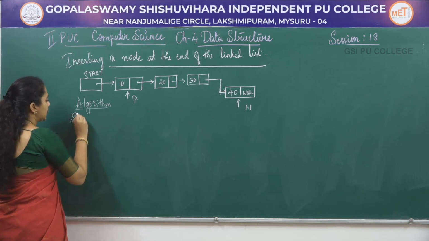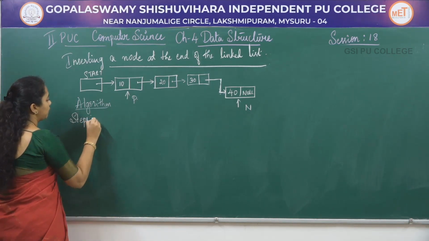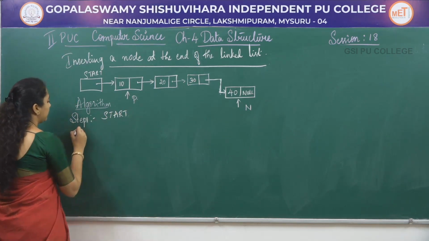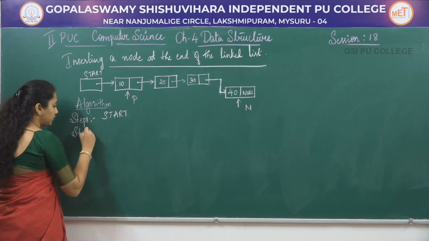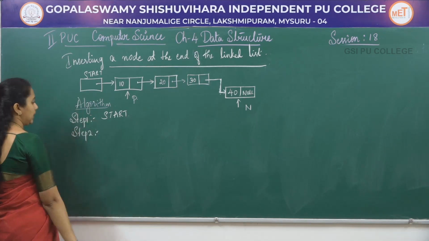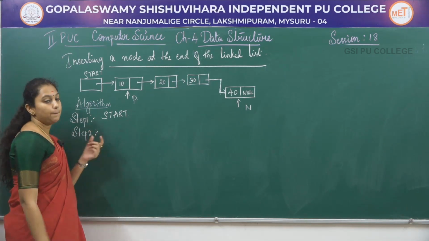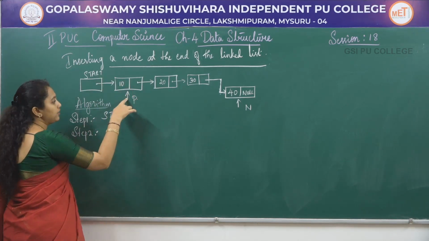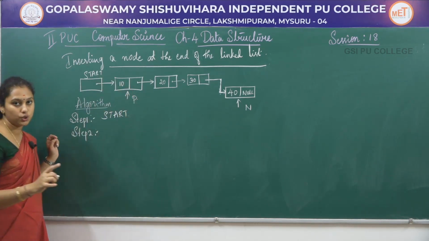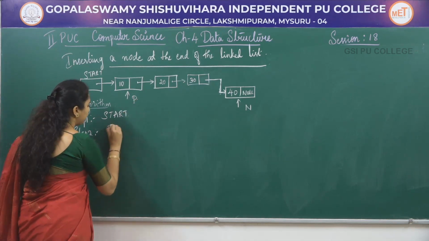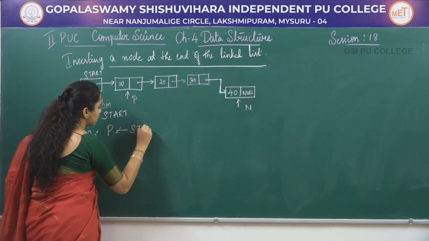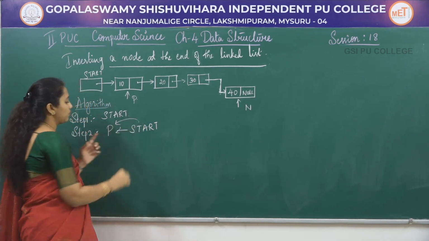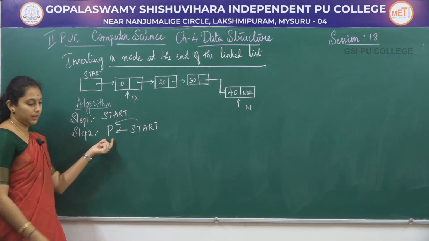So what is the first step? First step, we start to insert a node at the end of the linked list. The start contains the address of the first node, that is p.